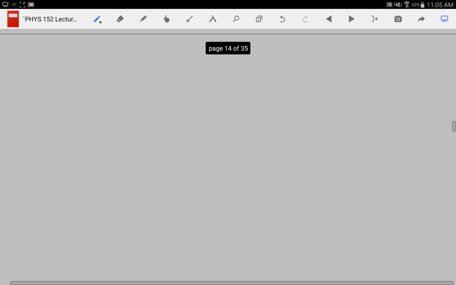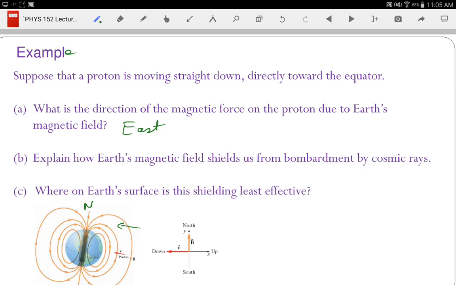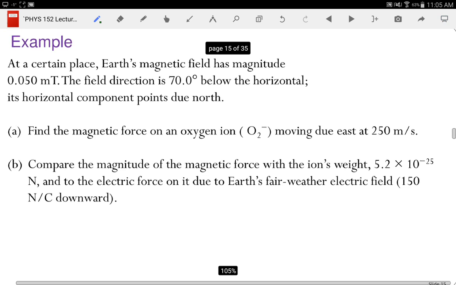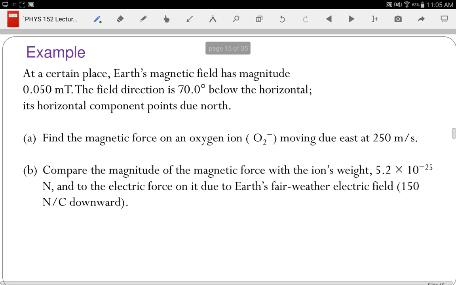Oh, was there a third question? Where on Earth's surface is the shielding least effective? Well, yeah, the top or the bottom, right. So, at a certain place on the Earth, we have a magnetic field of 0.050 milliteslas.